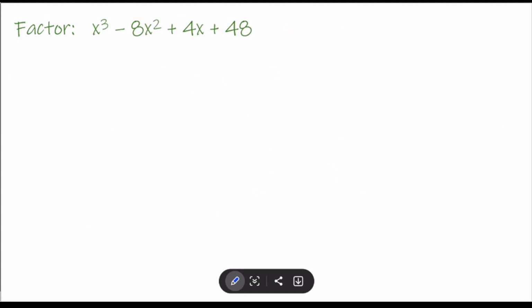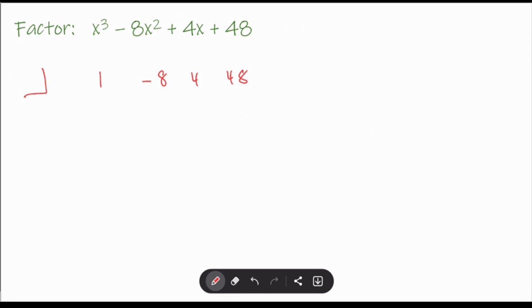Okay, so let us factor this. We have x cubed minus 8x squared plus 4x plus 48. So it is arranged in order already, so we can just move to synthetic division. We have 1, negative 8, 4, and 48. And then I'm going to figure out the number to put in the box. Do trial and error.